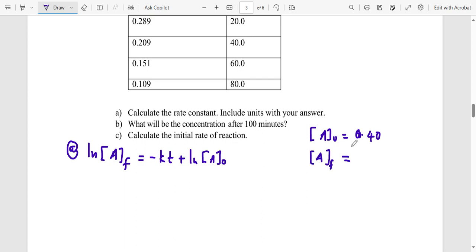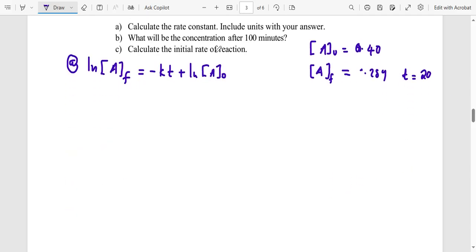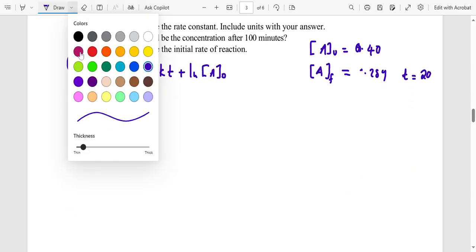In this case, let me pick 0.289. You can just pick any. And this is at time equal to 20. The unit for the time is minutes. And then we'll be able to use these two.